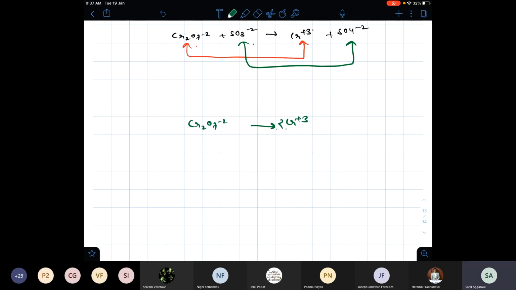Then balance the charge. Any doubt till here?